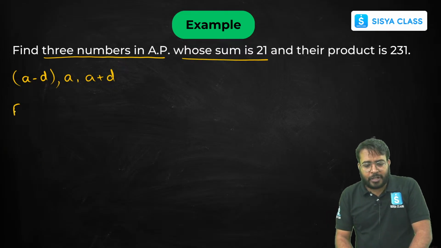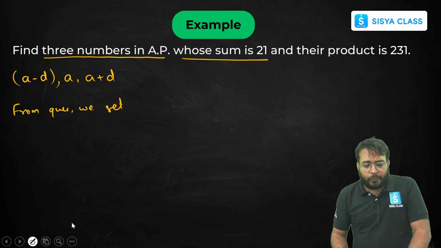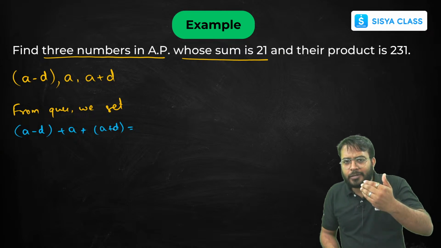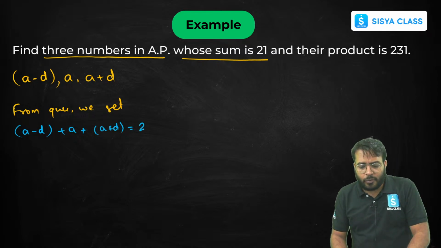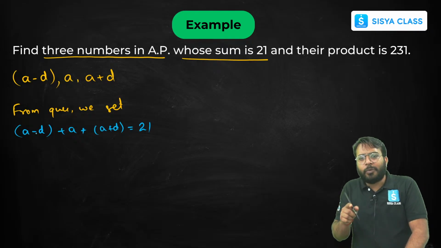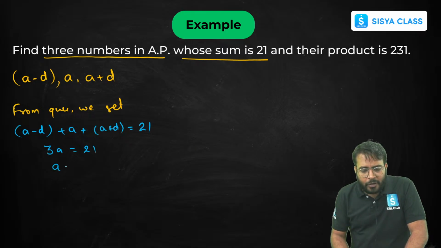So from the question we get that whenever we are going to add these three terms, a minus d plus a plus d, when you will add all the three numbers of your AP, you are going to get 21, all right। अच्छा, अब इसको ऐड करोगे बेटा ना, तो जो d है माइनस d और प्लस d, they will get cancelled out, understood my point, and you will be left with beta 3a, and 3a is going to be 21, and from here you will get the value of a is equal to 7.